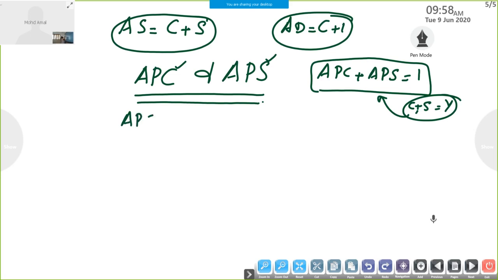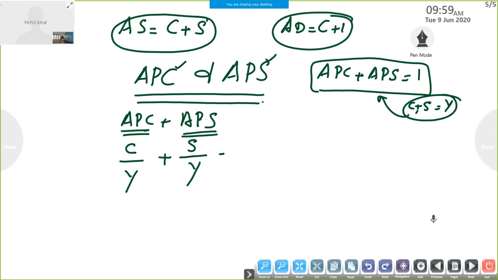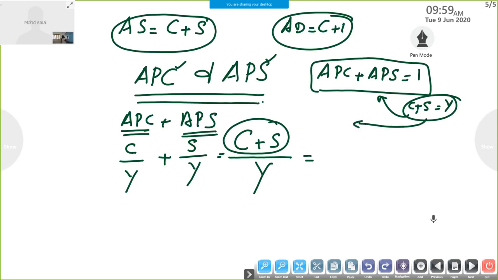See, APC plus APS. Instead of APC, we can write C by Y. Instead of APS, we can write S by Y. Or we can write C plus S, the whole divided by this common Y. C plus S is equal to Y, so instead of C plus S, we can write level of income.